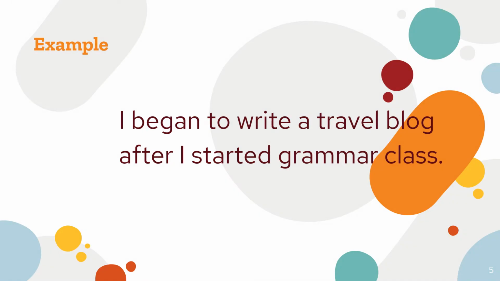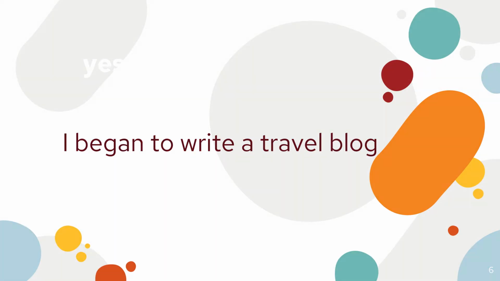Here's an example. I began to write a travel blog after I started grammar class. In this example, there are 2 clauses. I began to write a travel blog and after I started grammar class. Does I began to write a travel blog make sense with no additional information?